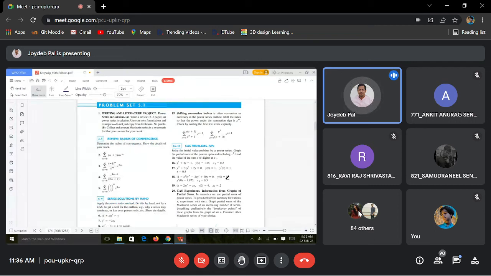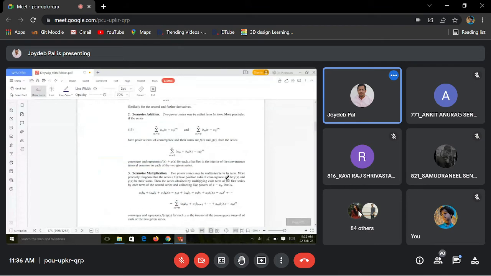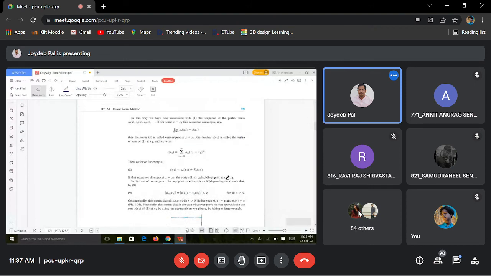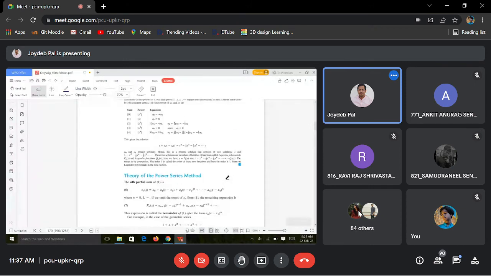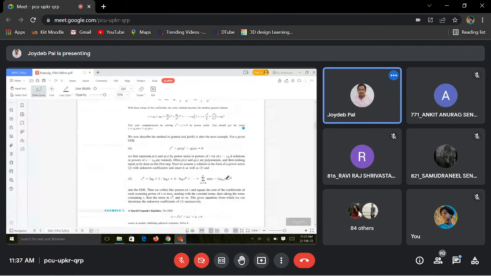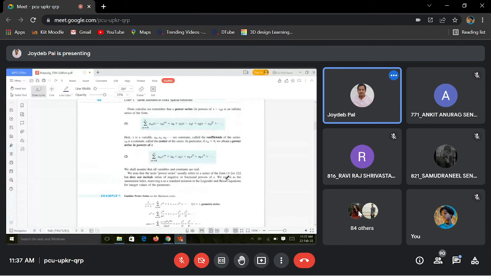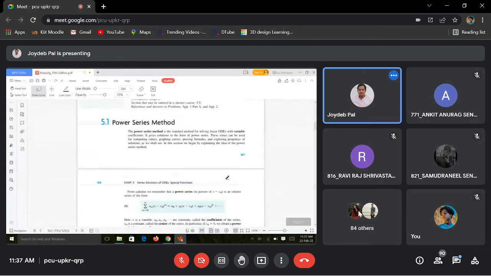Okay, now let us come to the power series solution method for solving ODEs. Look, the power series solution method is a standard method to solve linear ODEs with variable coefficients.